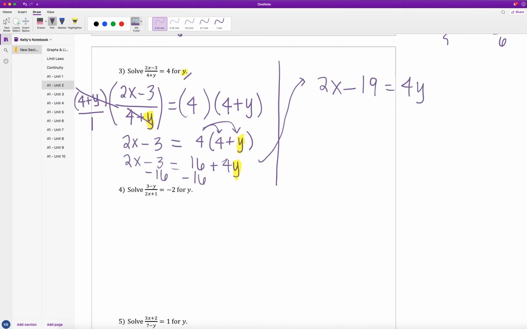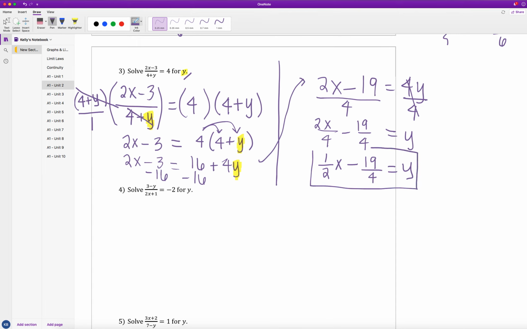And the last thing I need to do is divide through by 4, so it cancels out on the right-hand side, but that means I also have to divide through by 4 on the entire left-hand side, which would be the same thing as 2x over 4 minus 19 over 4. And if we can reduce any of these, we will want to, and 2 over 4 will reduce down to 1/2. So I get 1/2 times x minus 19 over 4 equals y. And that will be our final answer for what y is equal to.